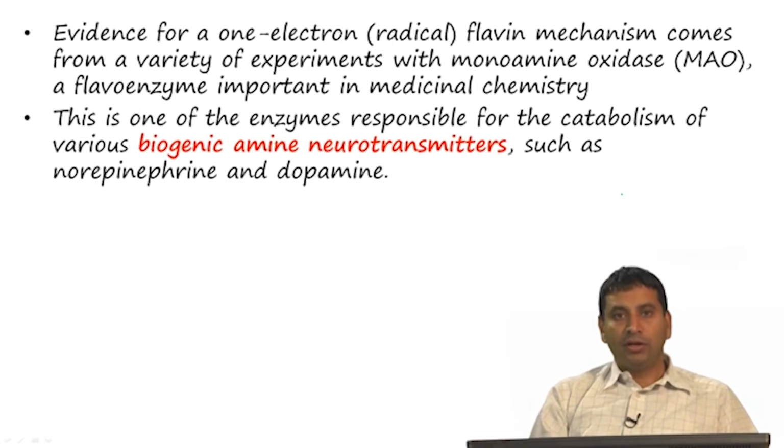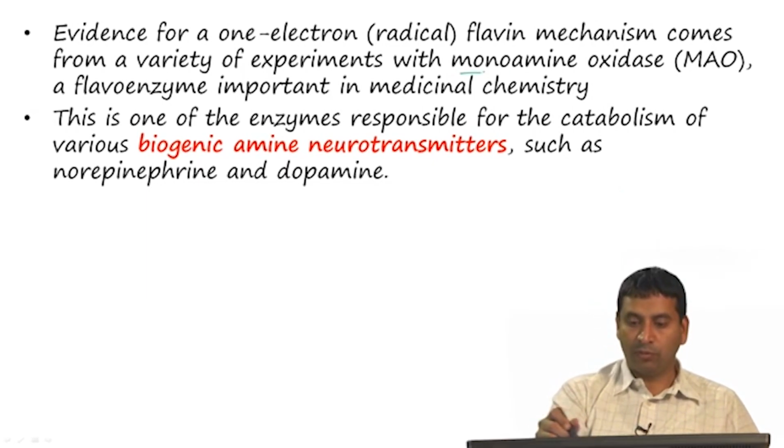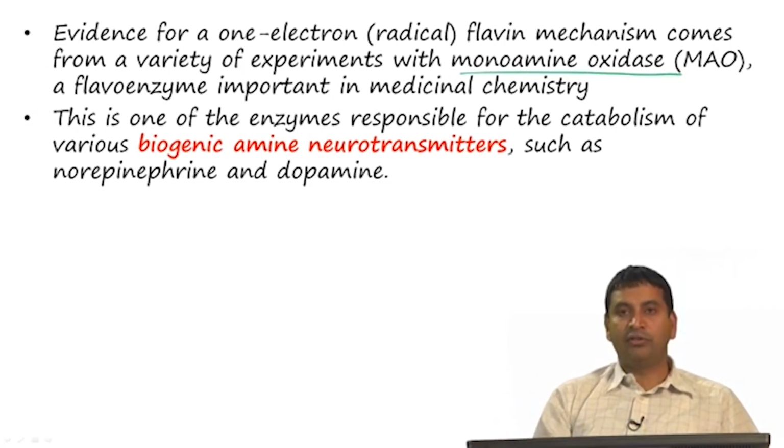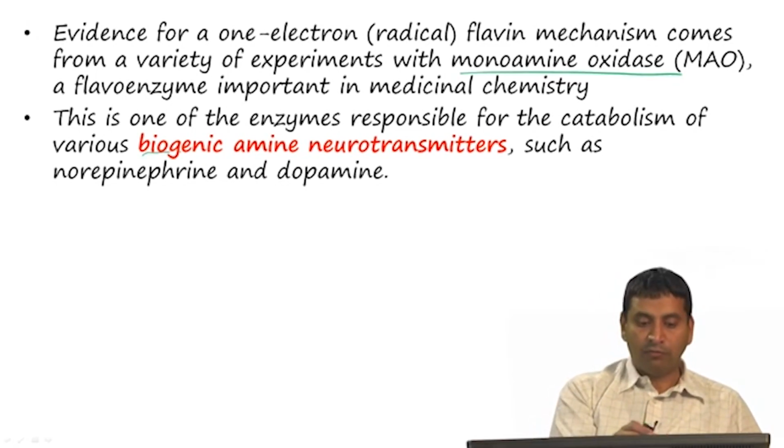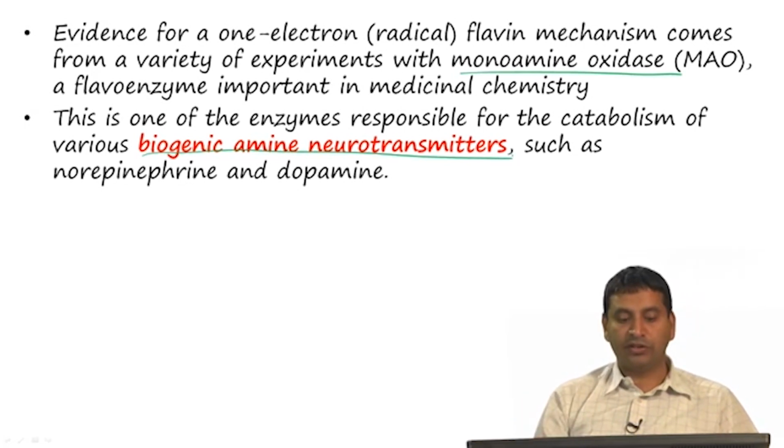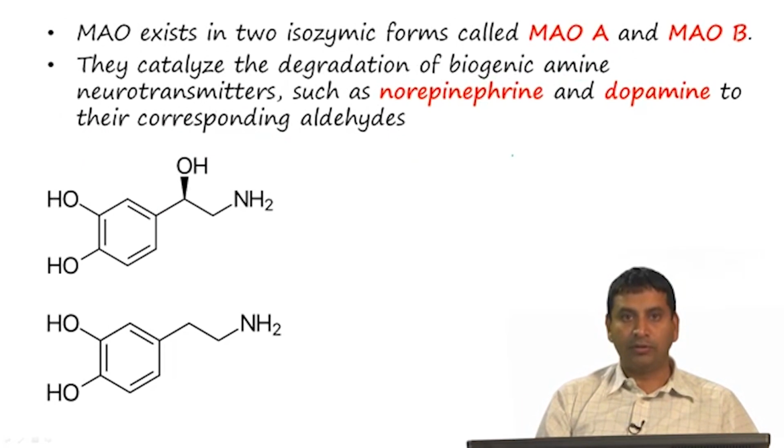So, another 1 electron mediated oxidation reaction is an enzyme called monoamine oxidase. This enzyme is a really important flavin enzyme in medicinal chemistry. It is one of the enzymes responsible for the catabolism of very important neurotransmitters such as norepinephrine and dopamine.